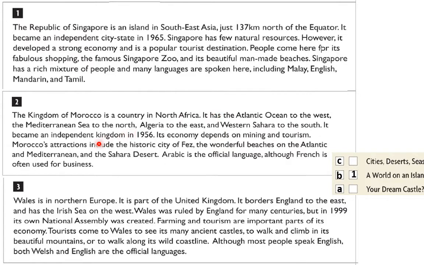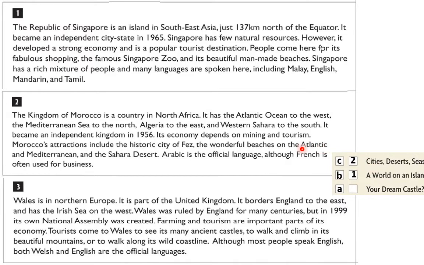For example, if we skim this paragraph again, we can see there is Sahara Desert. So there is desert as well. In this case, now we are sure that paragraph 2 matches with the topic of cities, deserts, and seas.